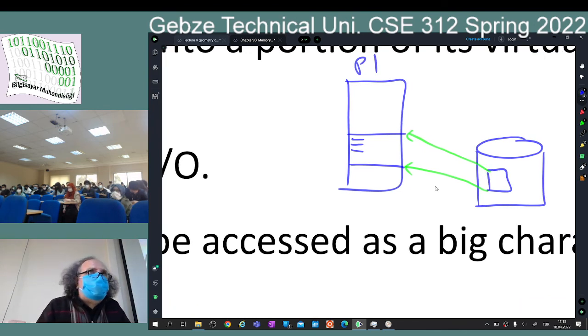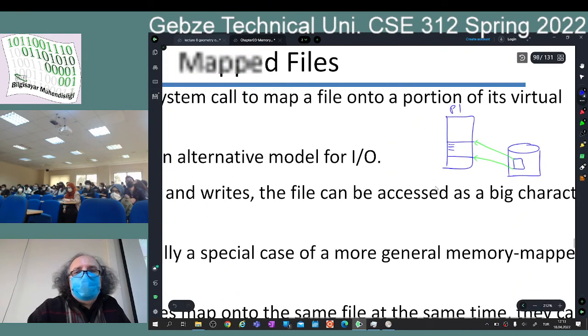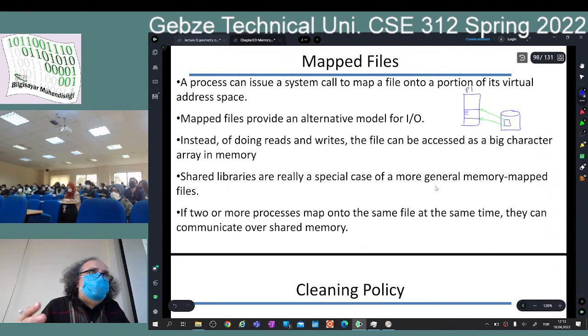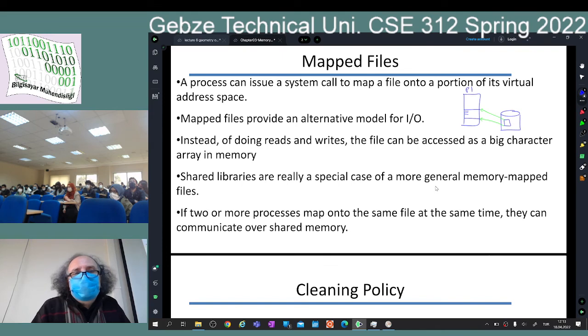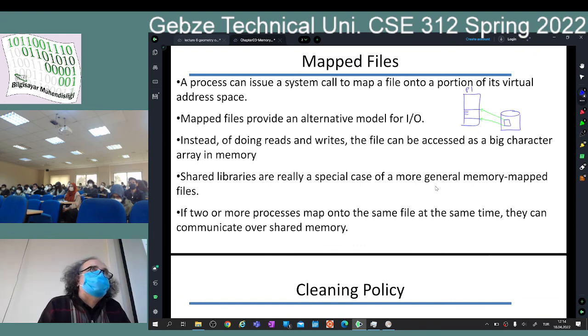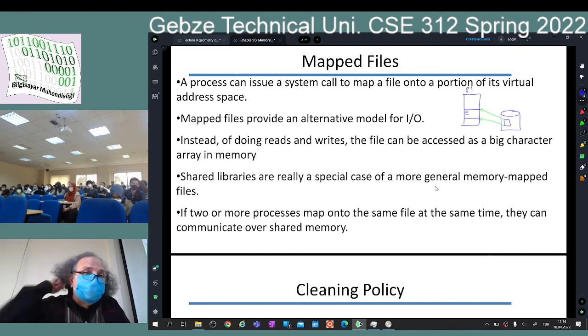So you might say that, well, this will be very slow. Yeah, it will be very slow, but it's a nice way of using your disk like a memory, without realizing that your data is on the disk. So it's called mapped files, and instead of doing a regular file input output, your code is running a regular memory based instruction.